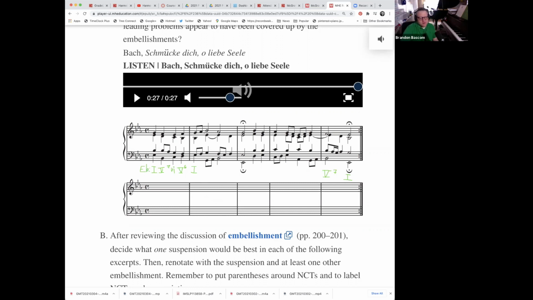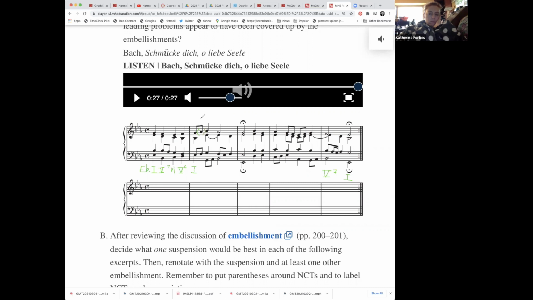Next, what is this? What are these notes? Another one. Oh, those. Could it be a 2 chord? Uh-uh. No. Are those passing tones?